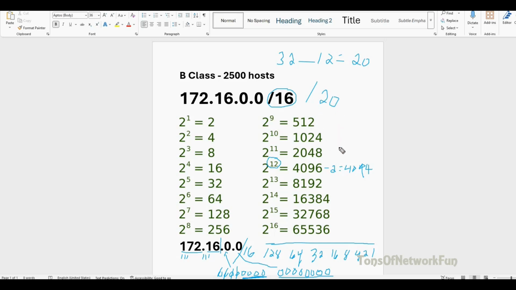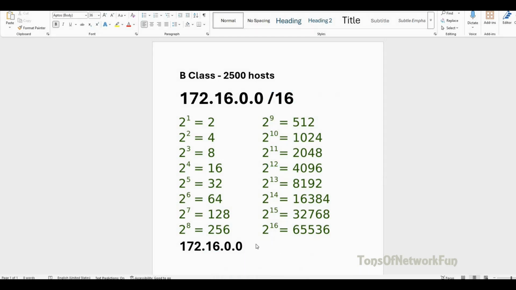Now, the subnet mask. We all know this one is 128. This is the first bit borrowed, 64, 32, 16. So 16 will be the block size, right? That means we have to add 128 plus 64, 192 plus 32, 224 plus 16, 240, which means our subnet mask is 255.255.240.0. In the last octet, we are keeping the entire 8 bits, so that will be 0.